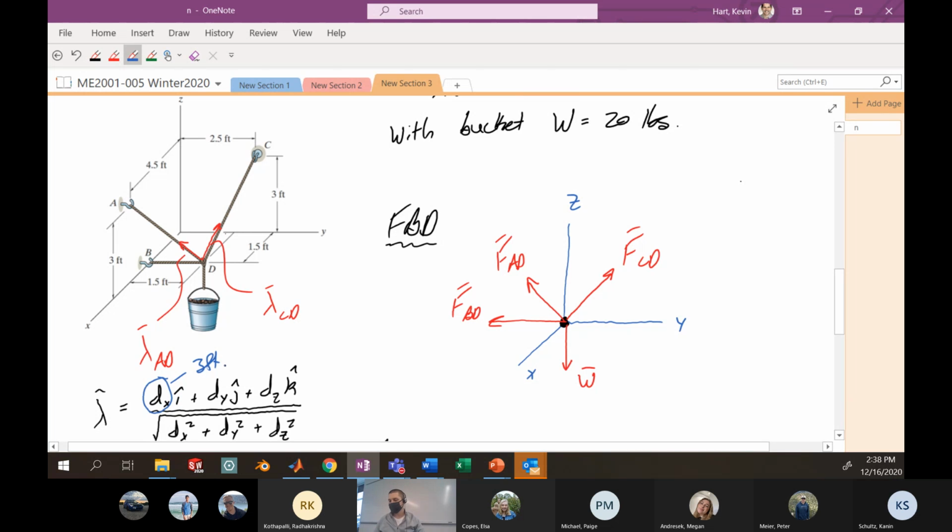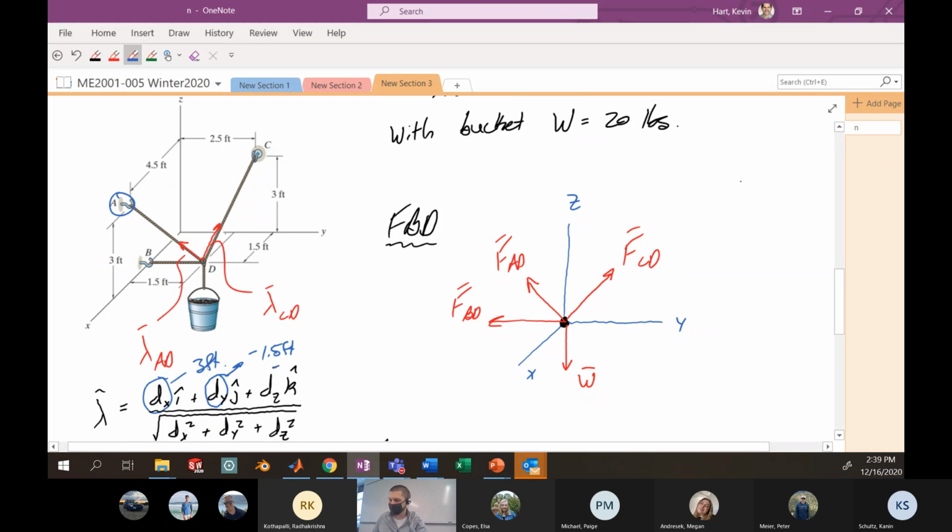Right? Let's look at dy. Similar idea. If I'm going from D to A, point D is kind of like in the y-x plane. So how far did I have to go in this y direction to get from D to A? Well, A is 1.5 feet behind D, so I had to go a negative 1.5 feet here.